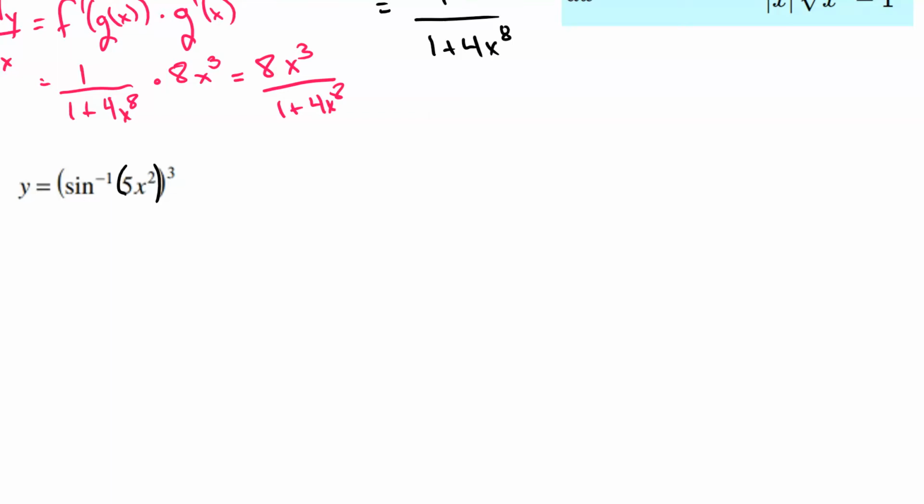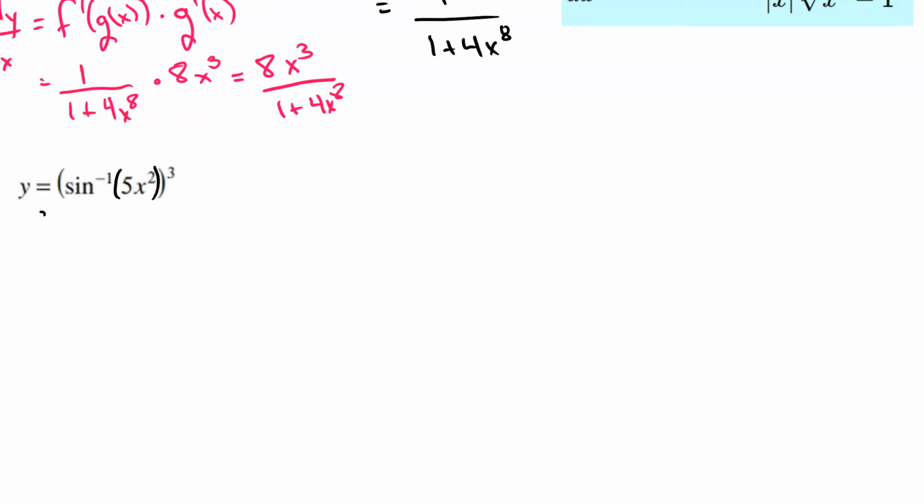We're going to start with looking at the inside part first. So if we're just considering the inverse sine of, well, let's do what we would normally do. Pretend I just started this problem.